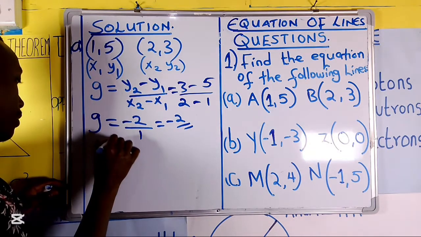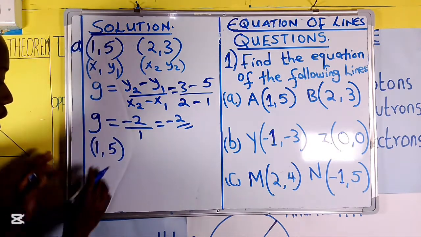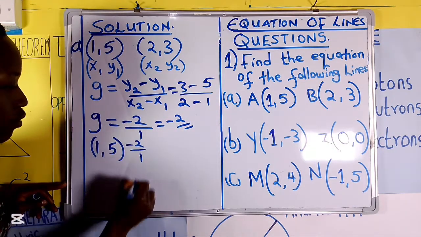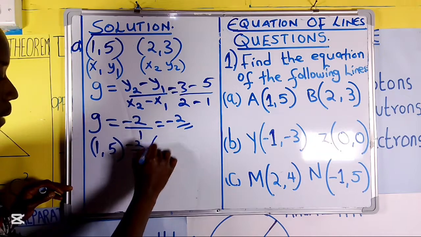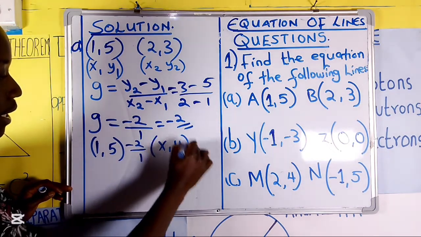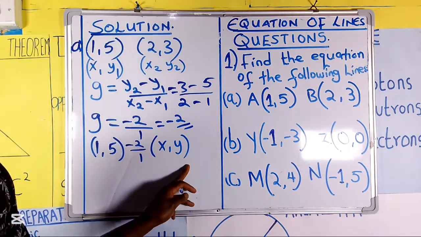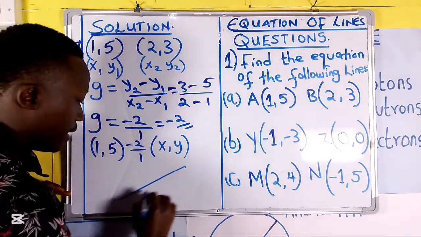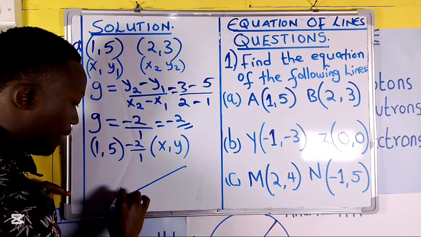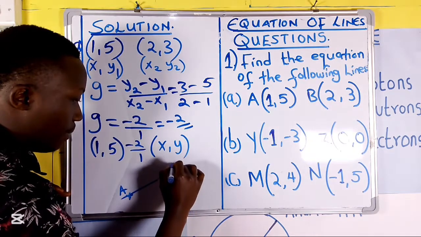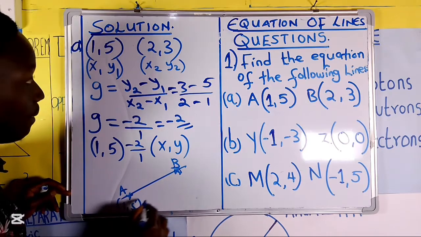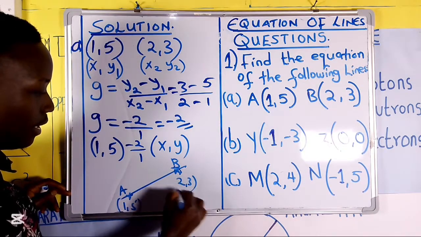We will have our gradient as negative 2 over 1, and the arbitrary point of a line is (x, y).